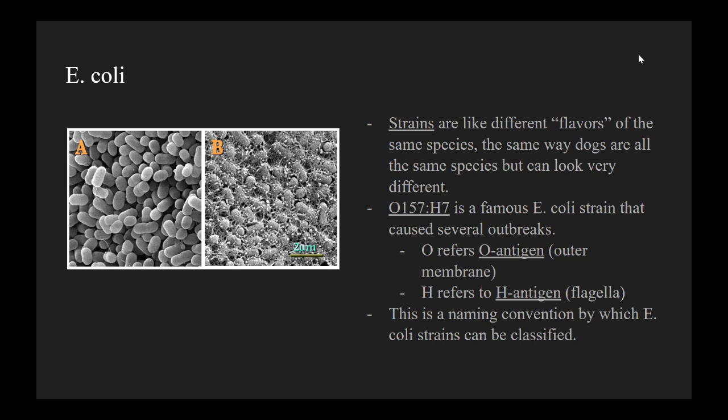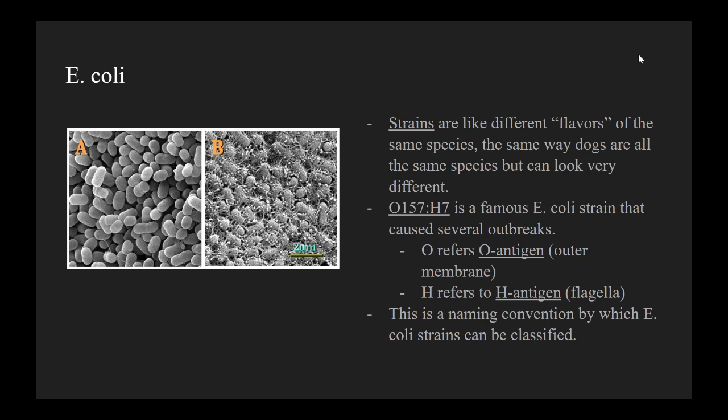So, for example, we give this classification of O colon H. Essentially, what that means is that the gram-negative bacteria have that O antigen on the lipopolysaccharide in the outer membrane, this sugar thing that sticks out of the outside of the cell. Depending on the composition of that O antigen, and the composition of what we call the H antigen, which is on the flagella, we give a classification for different strains.